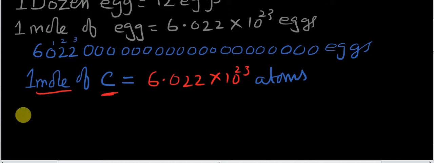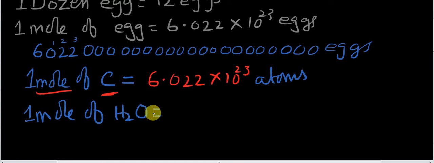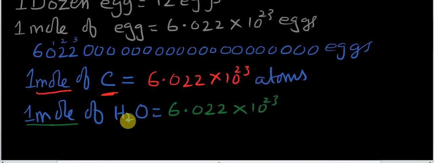But if someone asks about 1 mole of water, H2O, then what will be your answer? First you have to see 1 mole. 1 mole means Avogadro's number 6.022 × 10 to the power 23, and then look at the compound. Is it a molecule or atom or ion?